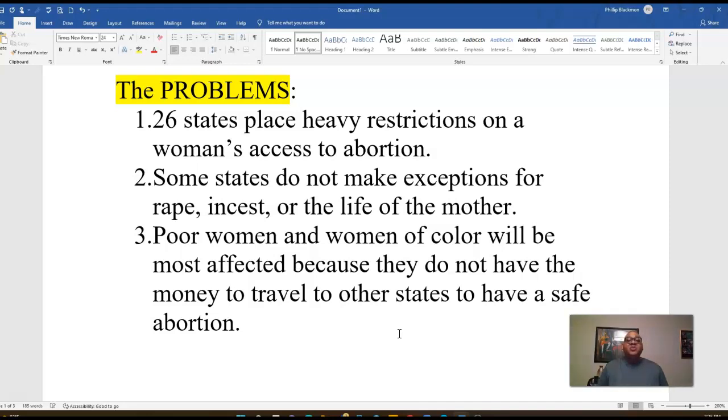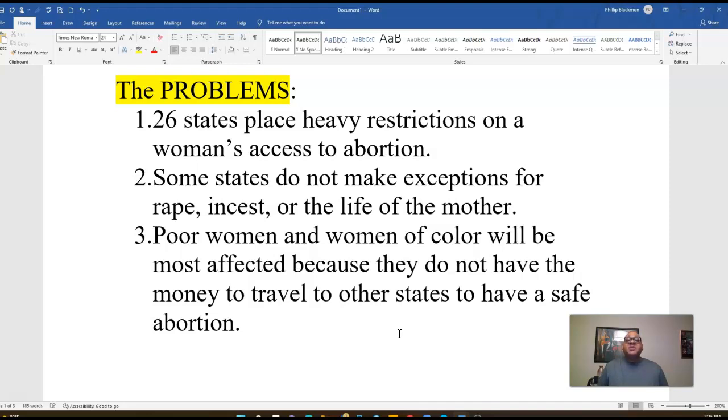Another problem is that a lot of states don't make exceptions for women who are the victims of rape or incest, or whose life may be in danger as a result of not having an abortion. And the third problem is that poor women and women of color will be most affected because they don't have the money or the means to travel to other states to have a safe abortion.